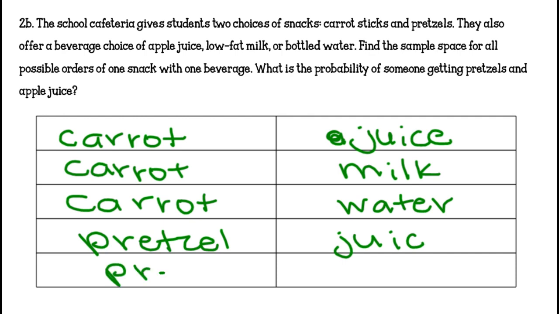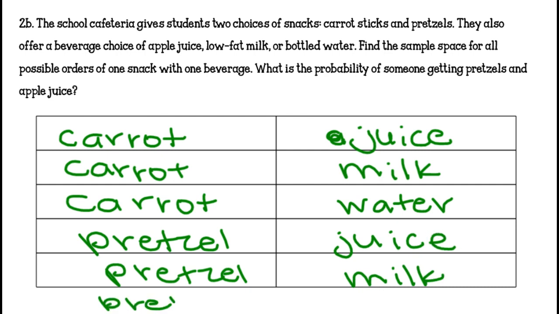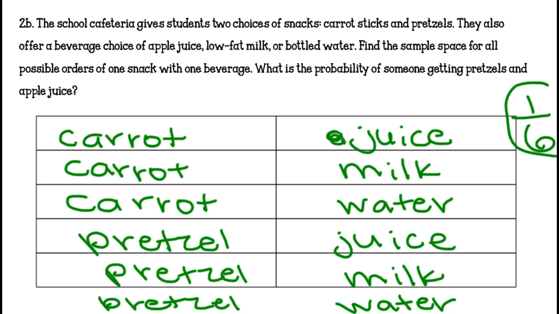With a pretzel, they could get milk. And with a pretzel, they could get water. So there are 6 different combinations that each of them could get. And it says, what is the probability of someone getting pretzels and apple juice? So that is one option of the 6. So it is 1/6. You circle it, and that's your answer.